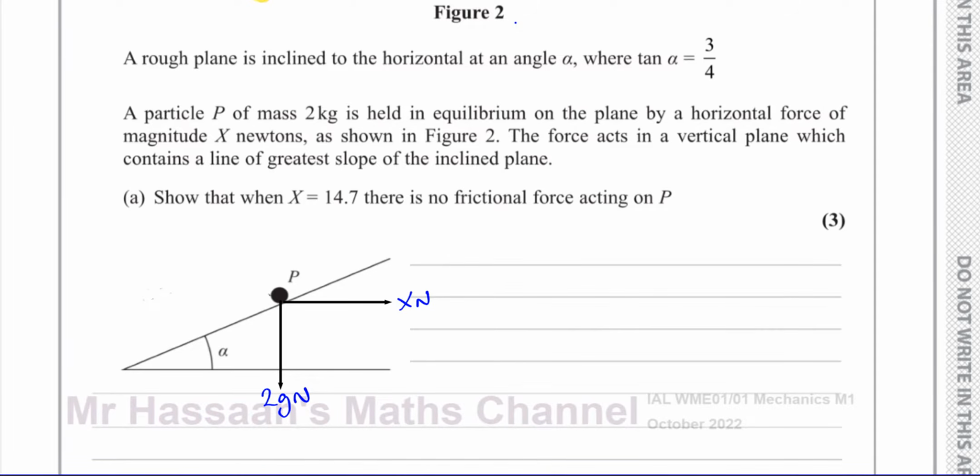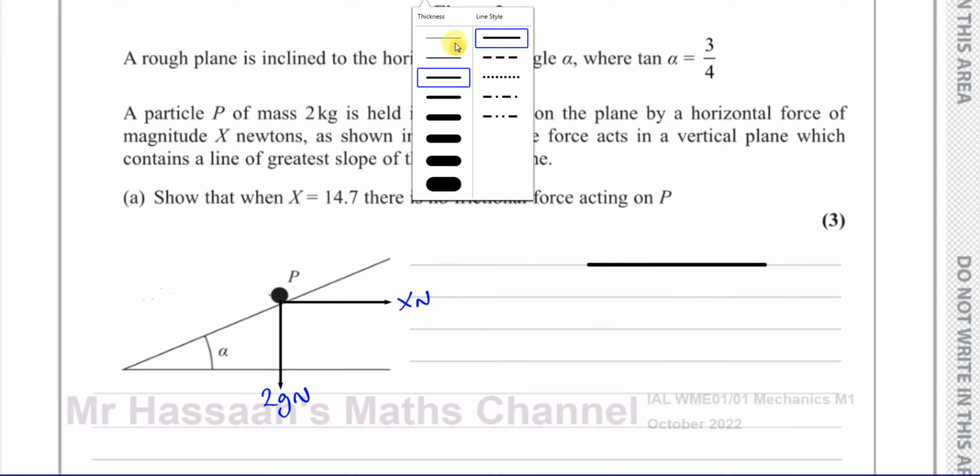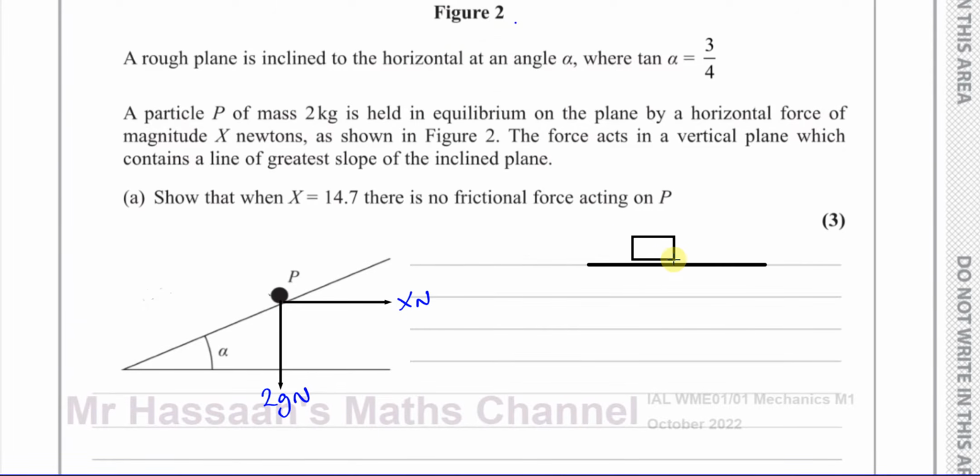Let me just explain by way of the basics. Supposing you have a block resting on a rough plane, and you have no force acting to try to push it in any direction. You'll just have its weight.